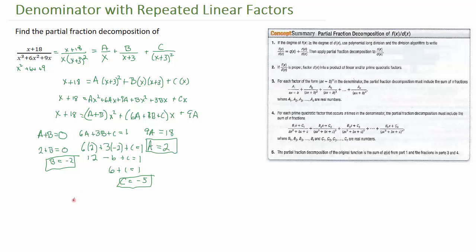So A is 2 over x plus B is negative 2 over x plus 3 plus C is negative 5 over x plus 3 quantity squared. And this is our partial fraction decomposition when we have repeated linear factors.